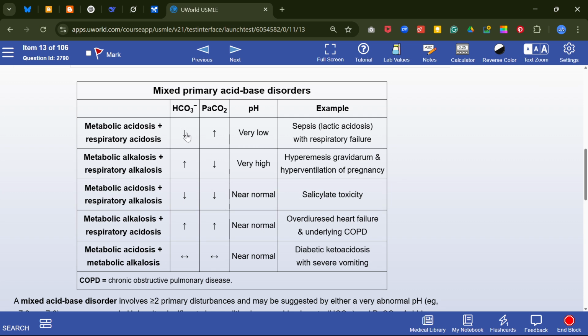First of all, in metabolic acidosis, pH is low, bicarbonate is low, and PCO2 should be low too, but here PaCO2 is higher. So it looks like there is a respiratory acidosis.